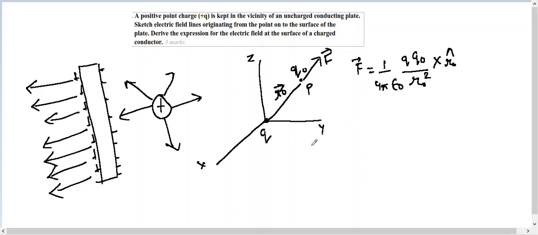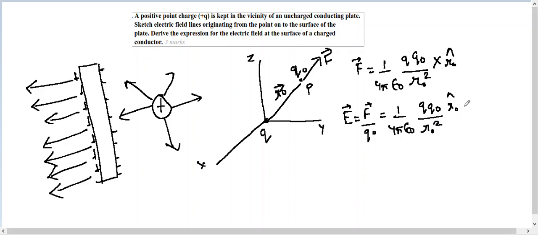Let E be the electric field at point P, then E is given by F by Q naught. So putting the value of F, 1 upon 4 pi epsilon naught, Q Q naught by R naught square, R naught unit vector, into 1 upon Q naught. So the value of E comes out to be 1 upon 4 pi epsilon naught, Q by R naught square, into R naught, the unit vector.